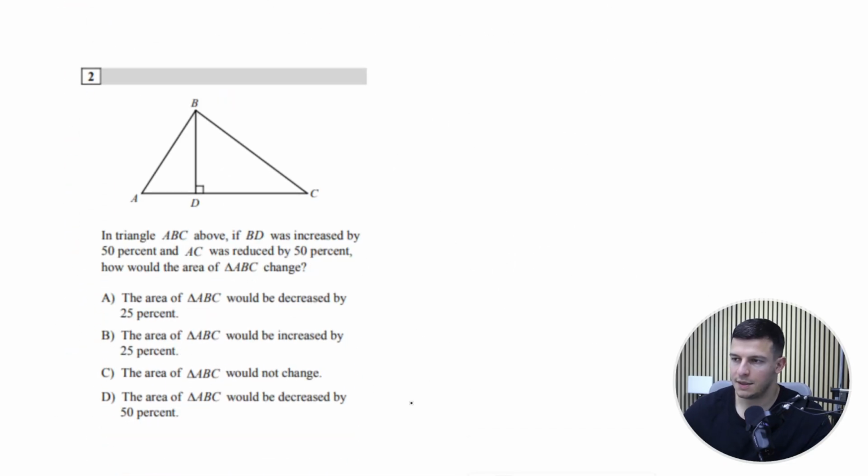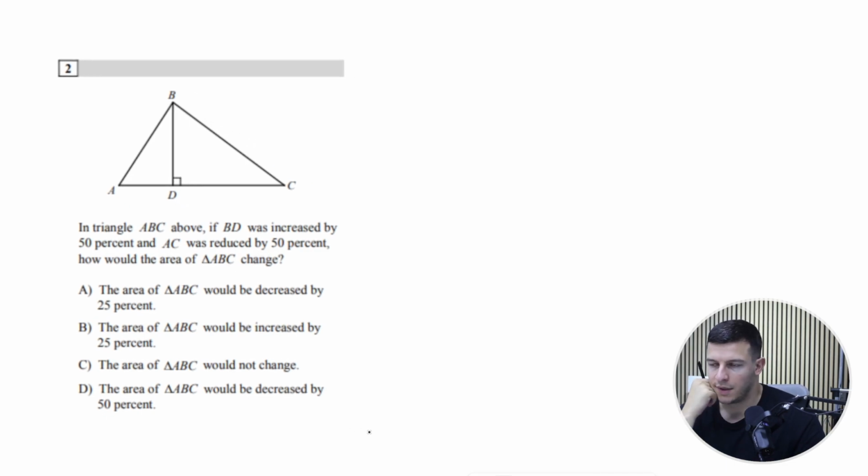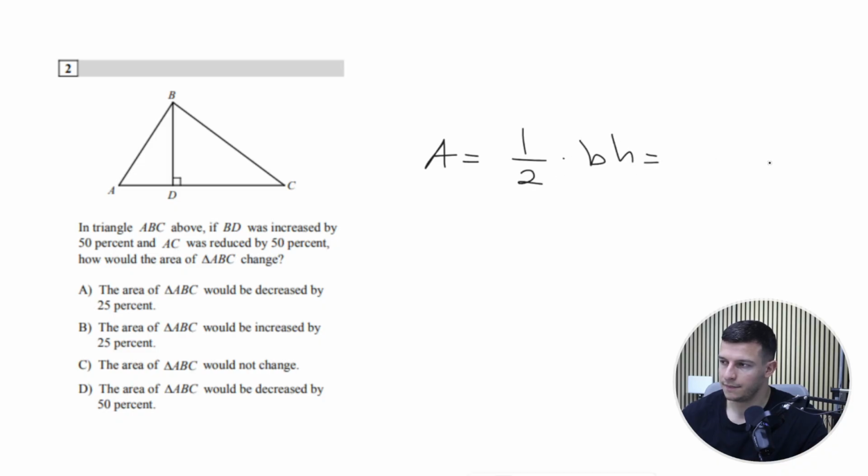In the triangle ABC above, if BD was increased by 50% and AC was reduced by 50%, how would the area of the triangle change? Now, that's a very interesting question. It sounds a bit complicated, but it can actually be solved very quickly. So we know the area of a triangle is equal to 1 over 2 base times height, or BH divided by 2.